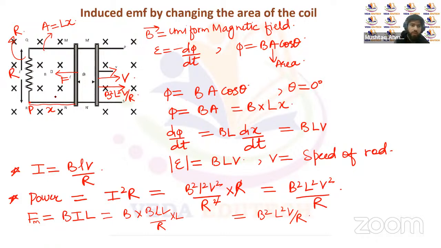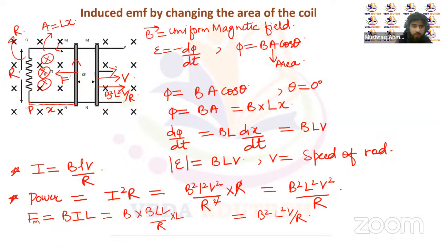Now this is the loop, right? The flux is in the downward direction, right? The flux is into the plane of this paper, and this flux is continuously increasing. Now the induced EMF will try to reduce the flux. In order to reduce the flux, the current has to be in an anti-clockwise direction.